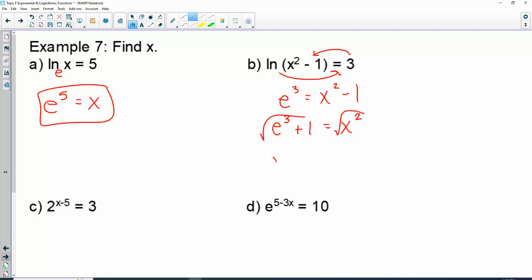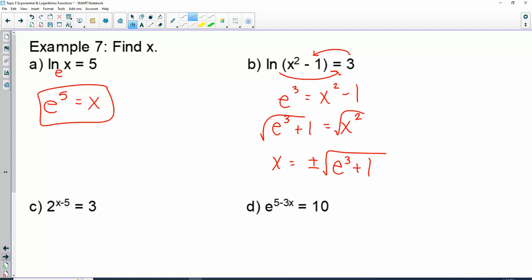With square root, you would do plus or minus. So we're solving for x in all of these. Okay.